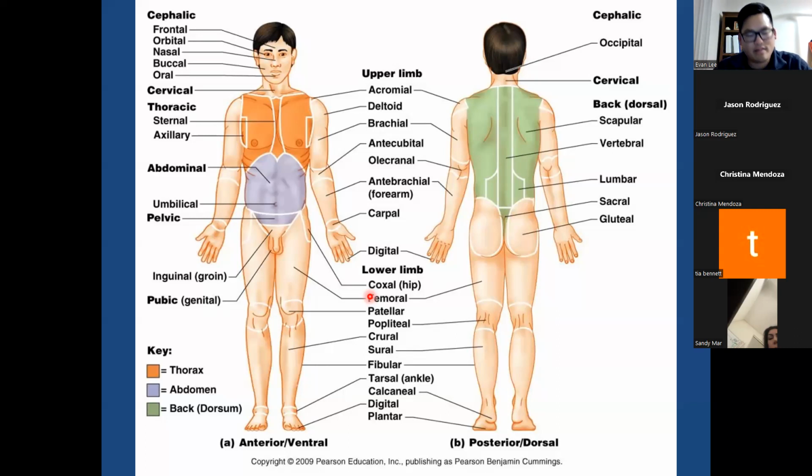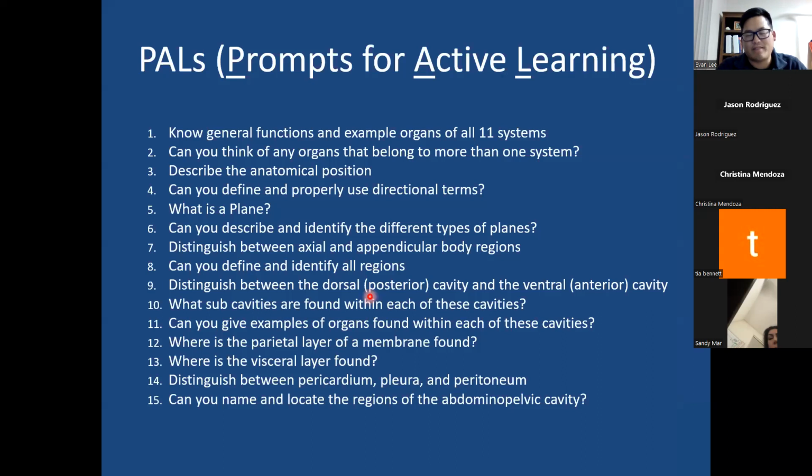So if you can, I would definitely start working on learning those regional terms, those directional terms, and then maybe check out the structure list to see what you want to work on for lab. We don't really have a lab today, because unfortunately we're not in the lab room, but starting on Wednesday, we will have activities which will go along with the stuff that we're learning.